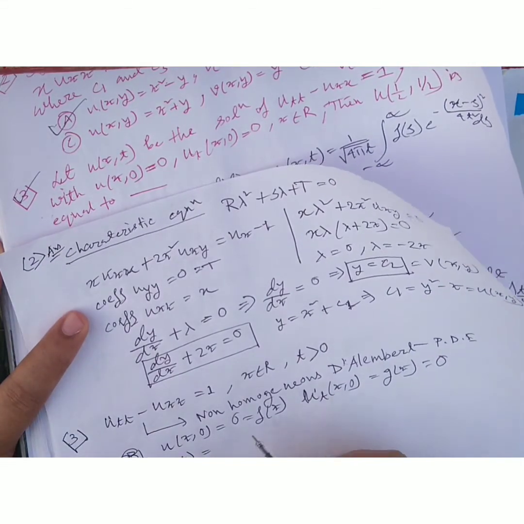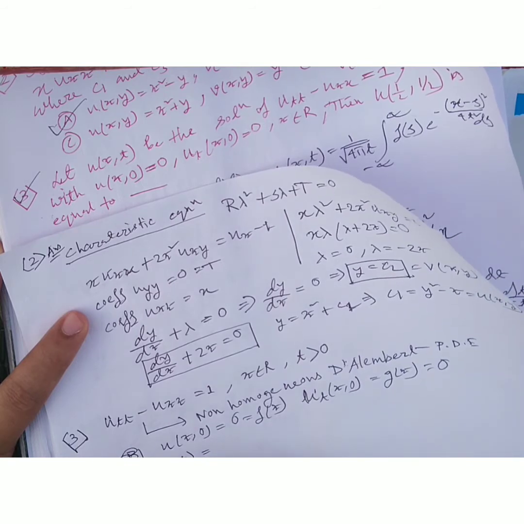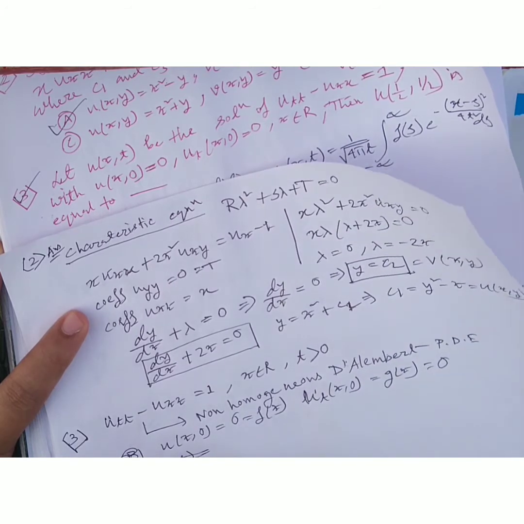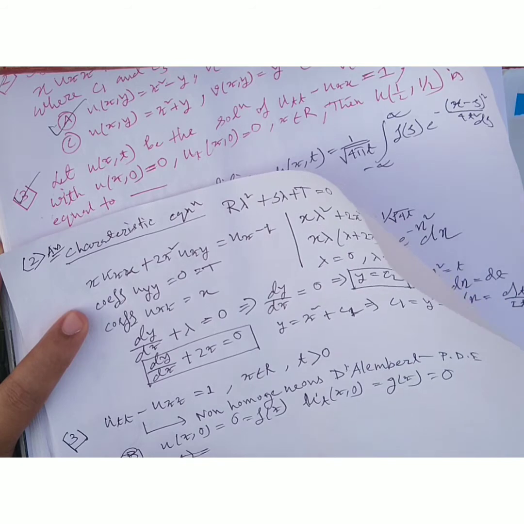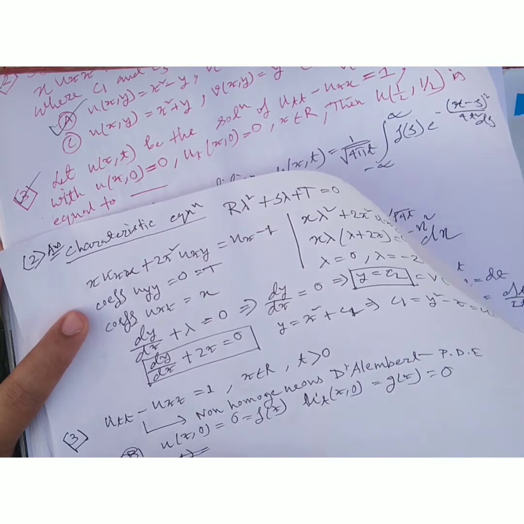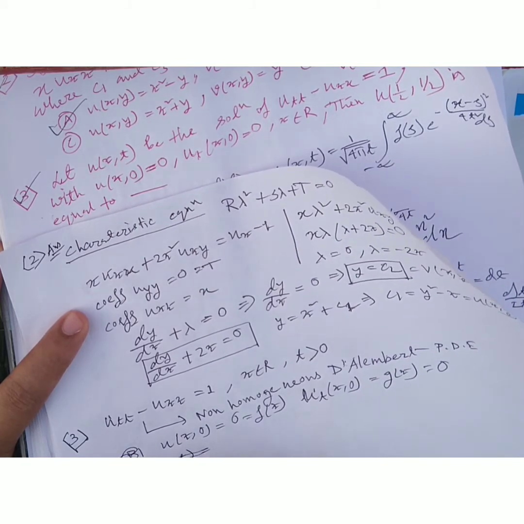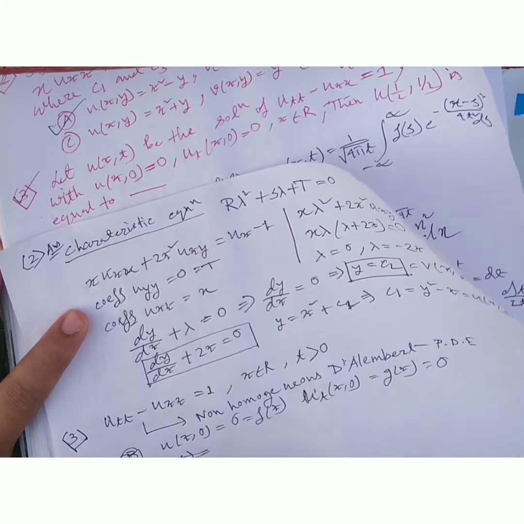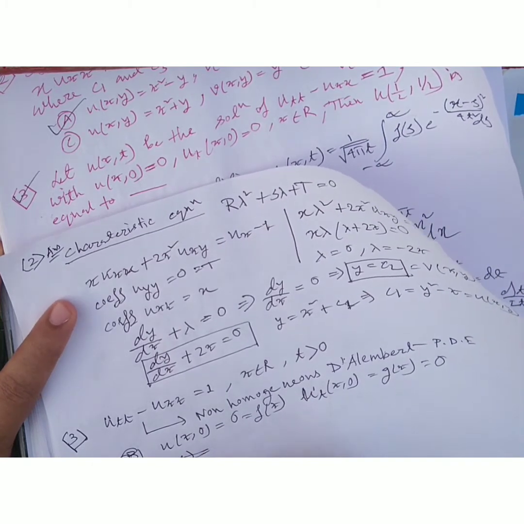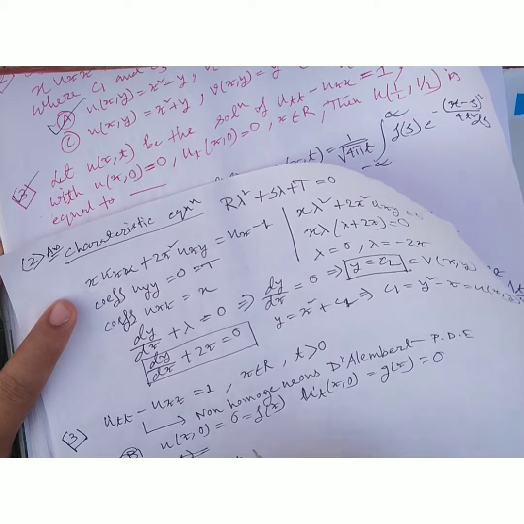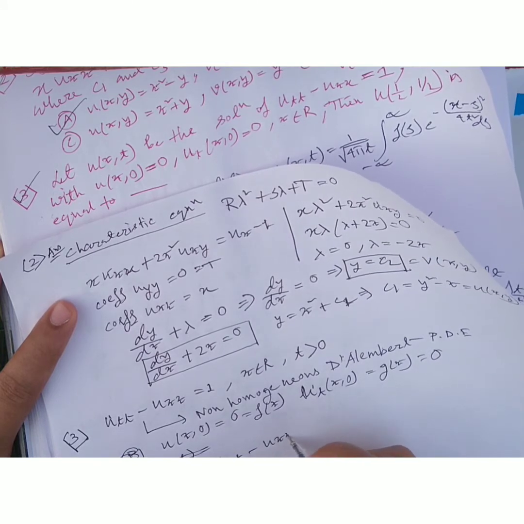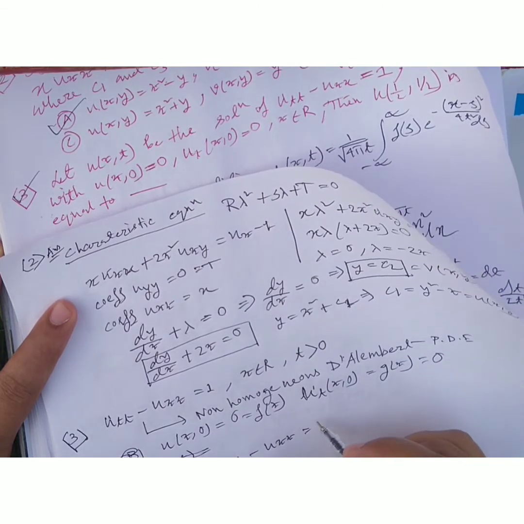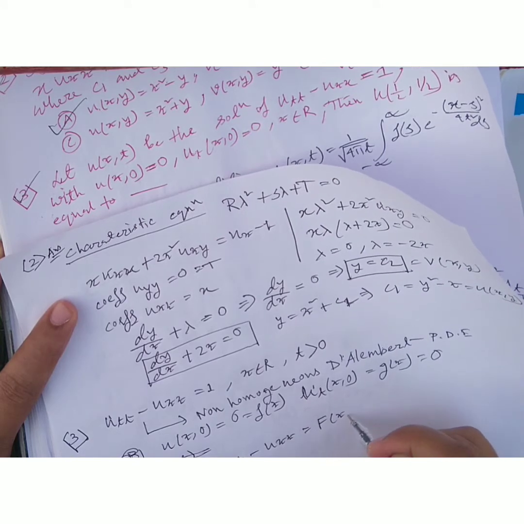But you must remember the D'Alembert equation formula, which is very, very important for all. The formula is simple: u_tt minus c squared u_xx equals f(x,t).